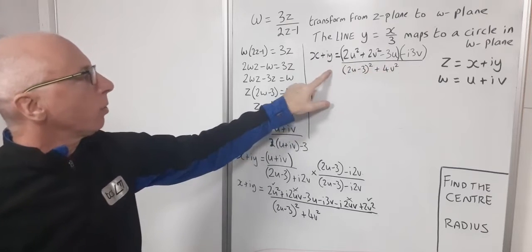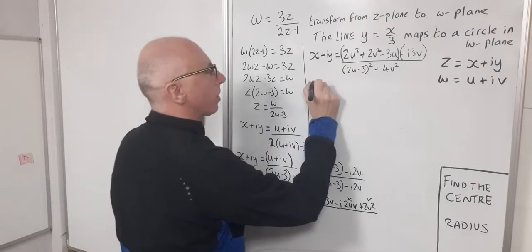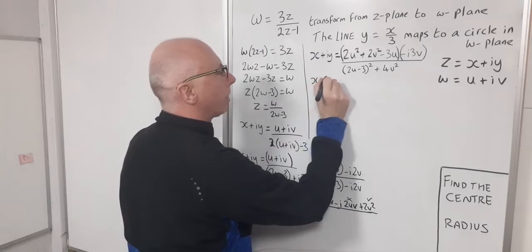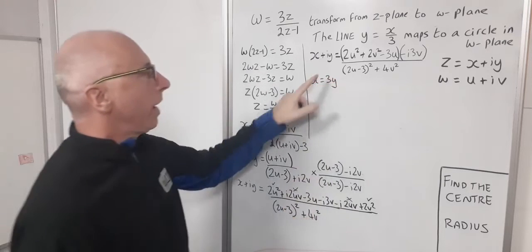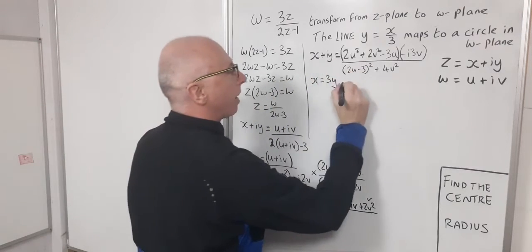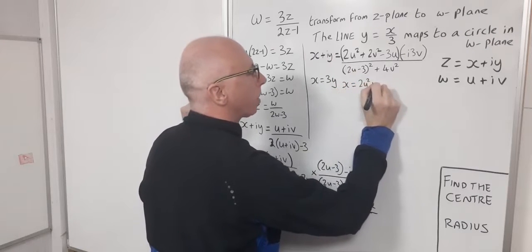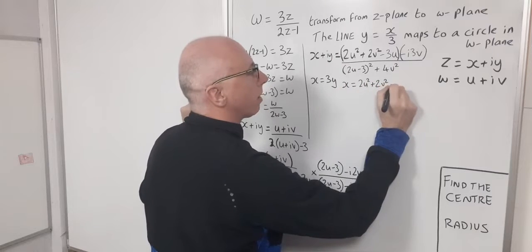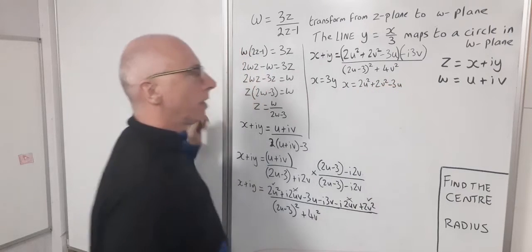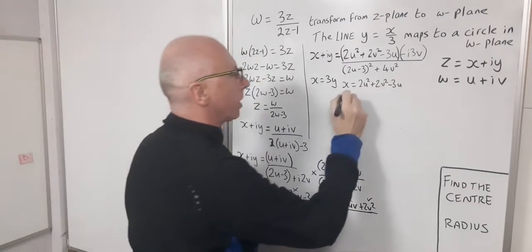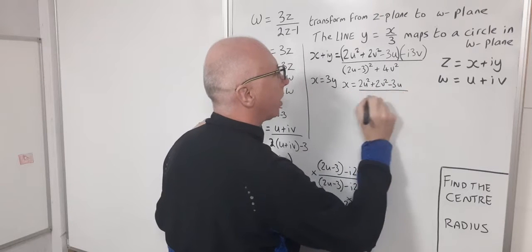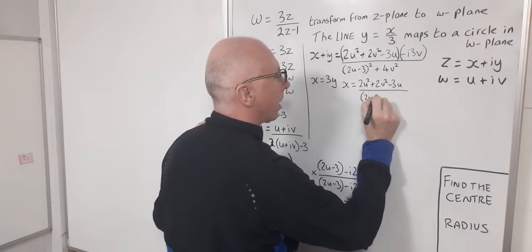So if x equals 3y, if I write that out, x equals 2u squared plus 2v squared minus 3u. So that's what my x is with the denominator. Let's just put that in there for now. You'll see good things will happen there in a moment.